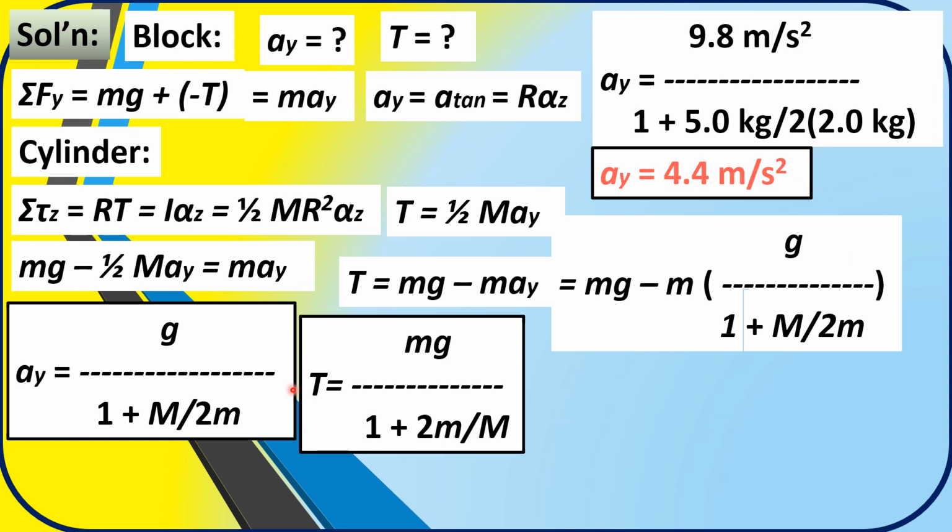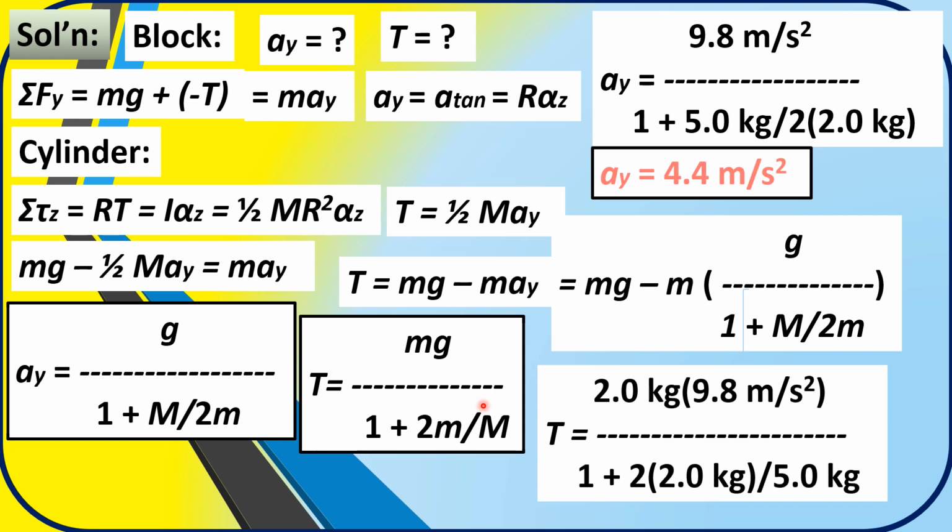Likewise, for the tension of the cable capital T, we substitute the mass of the block, 2.0 kilograms, multiplied by acceleration due to gravity, 9.8 meters per second squared, divided by 1 plus twice the mass of the block, 2.0 kilograms, divided by the mass of the solid cylinder, 5.0 kilograms.